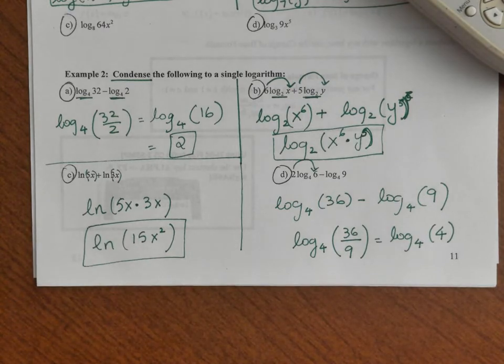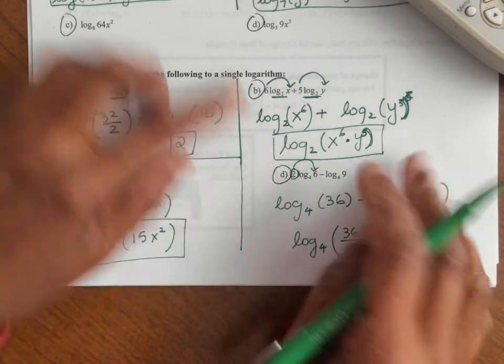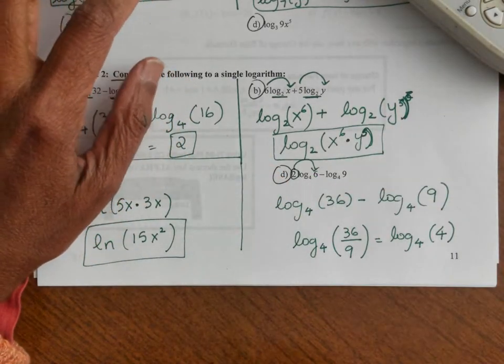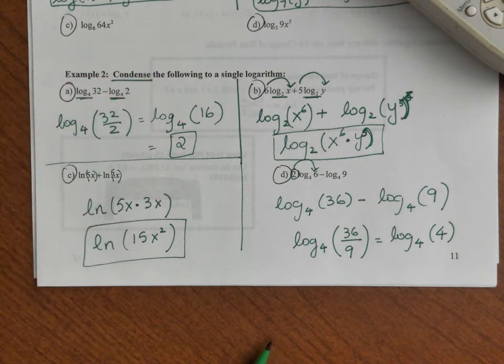How did you get 36? Oh, 6 squared. Because remember, if there's a number in the front, you just move it as a square. Okay, that was a good question. Anyone else?